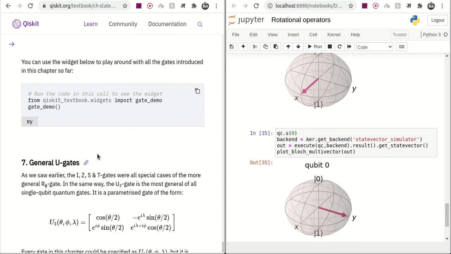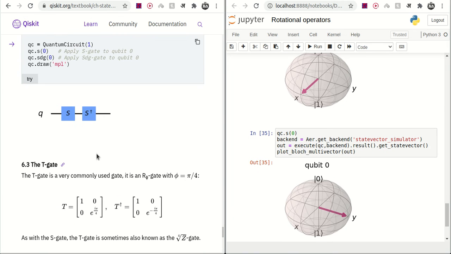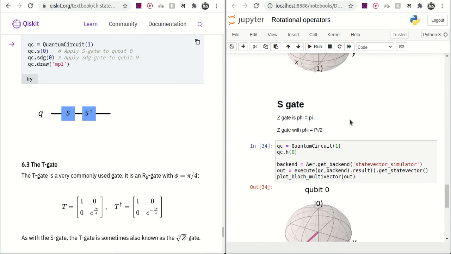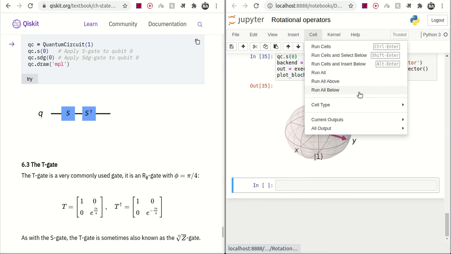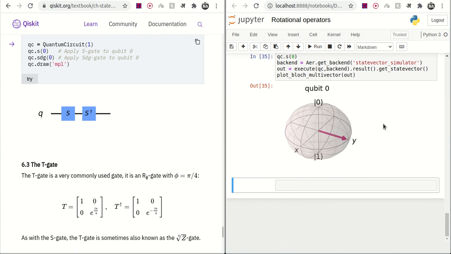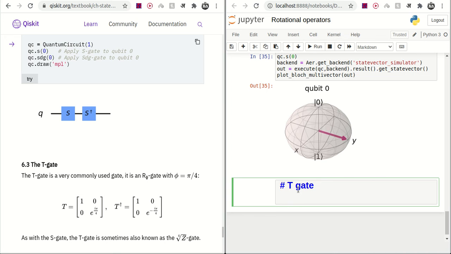Now we use the T gate. What is the T gate? The T gate is very commonly used, with R phi where phi equals pi by 4. So S is pi by 2, Z is pi, and T is pi by 4.